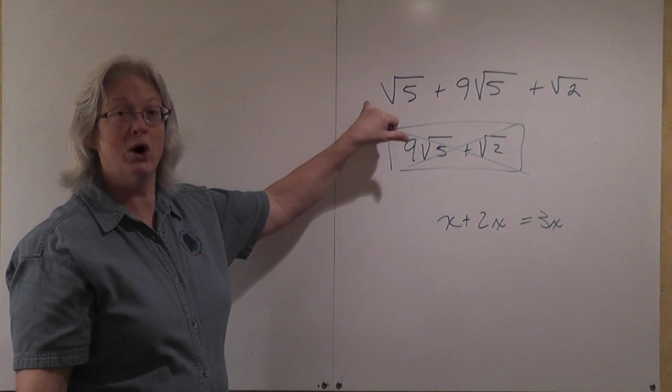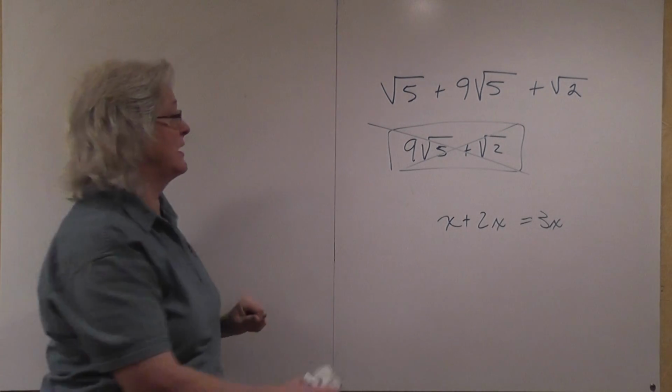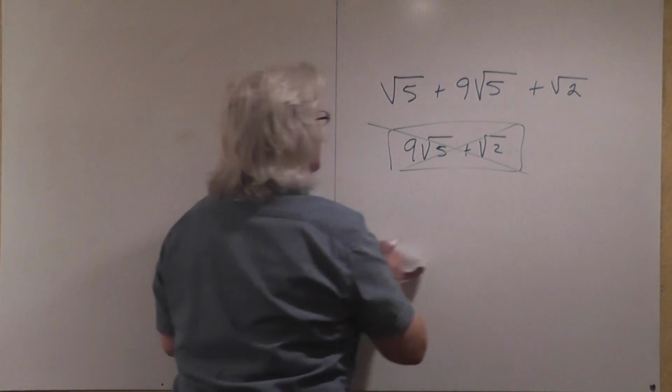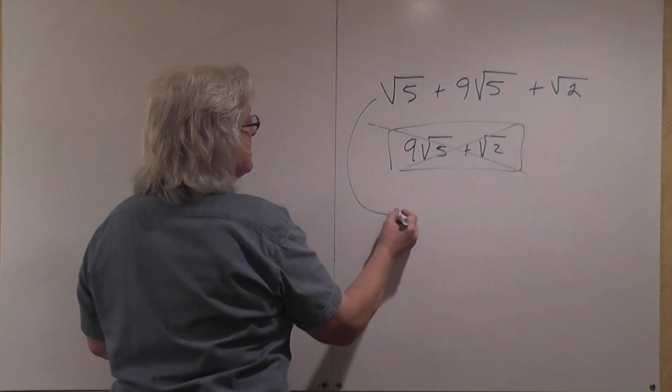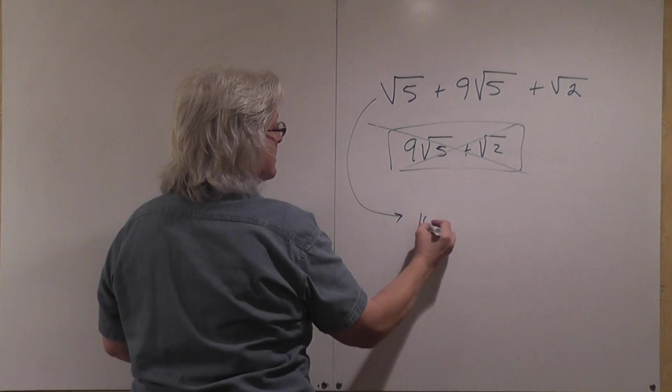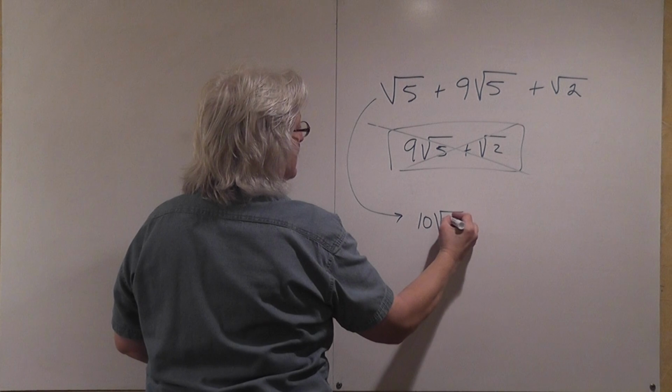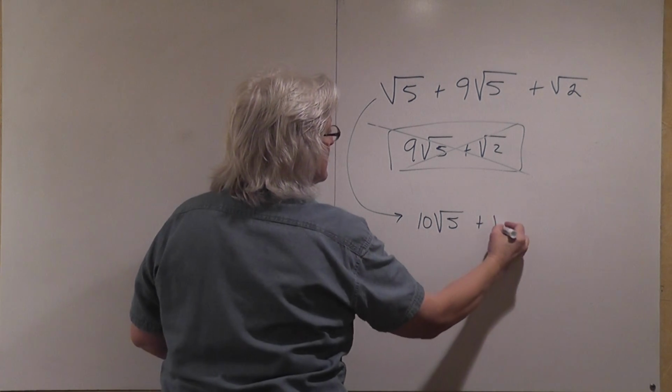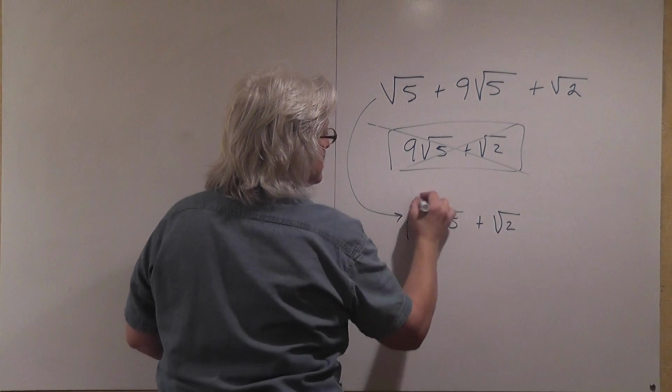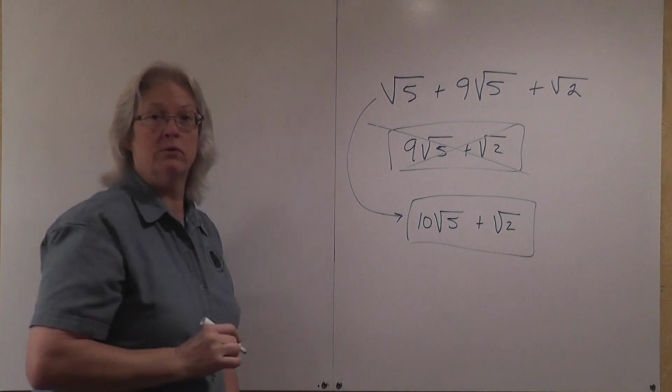Here we have 1 times the square root of 5 plus 9 times the square root of 5. So of course the solution to this would be 10 times the square root of 5 plus the square root of 2.